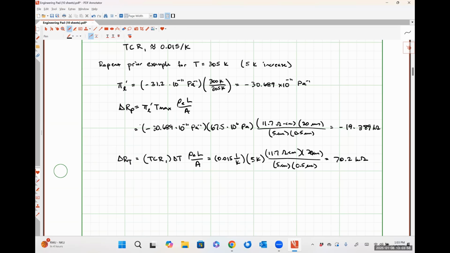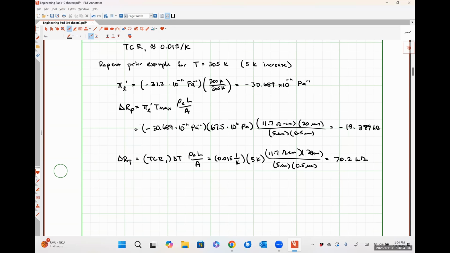So effectively, yes. But what I wanted to illustrate here more really... So you're 100% correct. So let's look at this thing just really quickly, okay? When our beam is undergoing flexure because of that applied force on our proof mass, we should see that the nominal resistance of our piezo resistor decreases by 19.389 kiloohms, right?